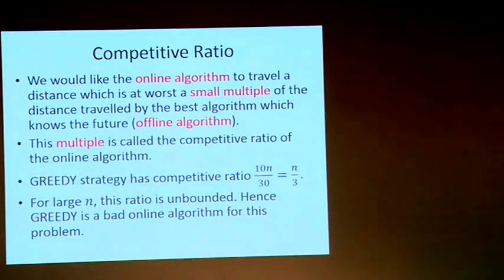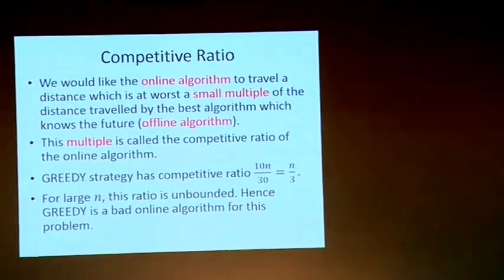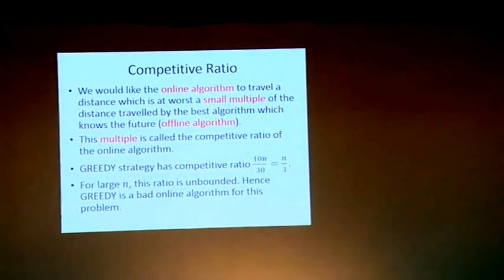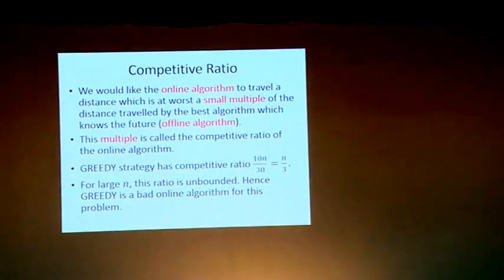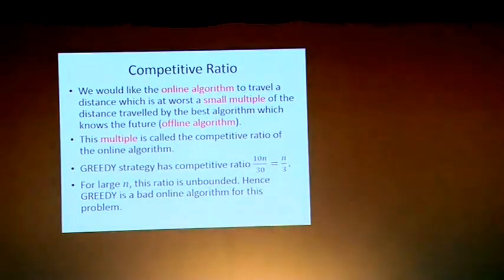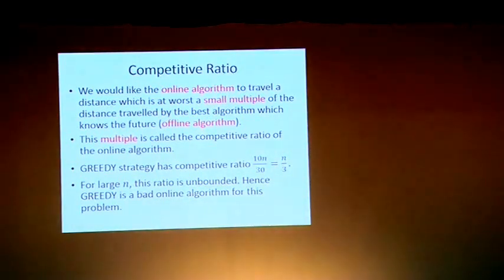Of course, I will have to pay a price. I don't know the future, so I can't be expected to serve the requests within 30 distance. I will have to pay more. I will have to travel more. But I don't want it to be much more. I want it to be a small multiple of the optimum value. And that small multiple is what we call the competitive ratio.